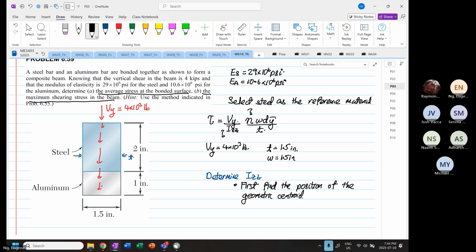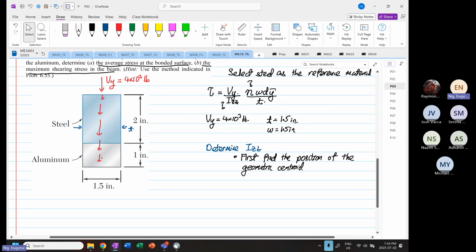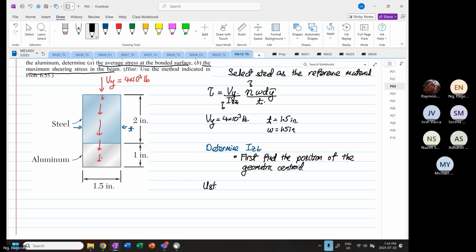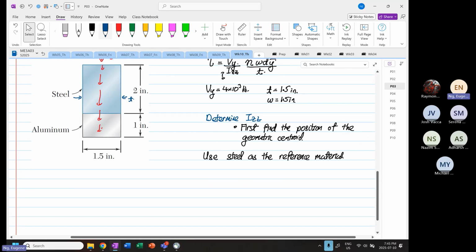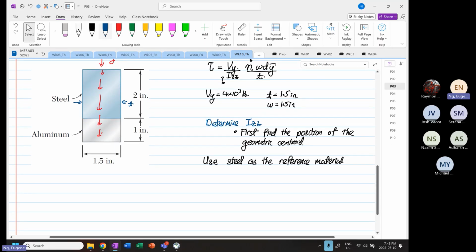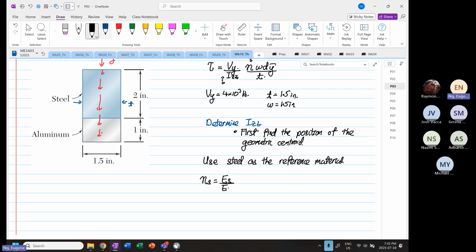So what we're going to do now is use steel as the reference material. We know that the N of steel is equal to Young's modulus of steel divided by Young's modulus of steel.